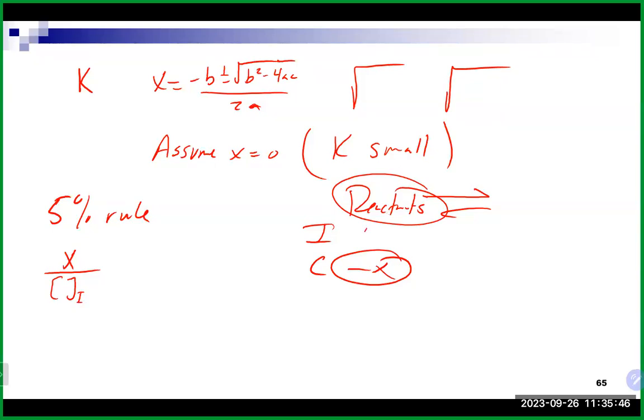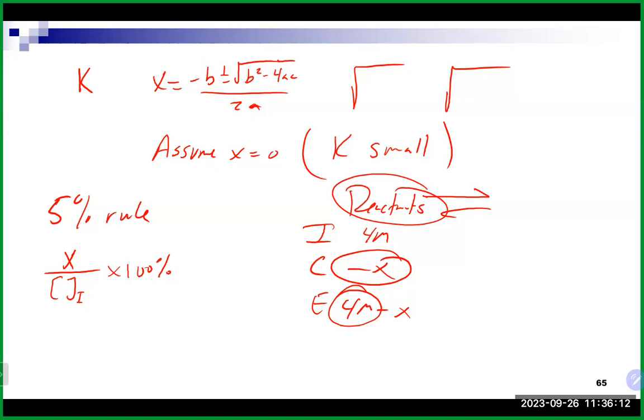So if you had 4 molar, at equilibrium maybe 4 minus x, you would divide by 4 and multiply by 100%. If it's less than 5%, your assumption is okay, and you can use that x value to solve for what you're looking for, in most problems equilibrium concentrations or pressures.